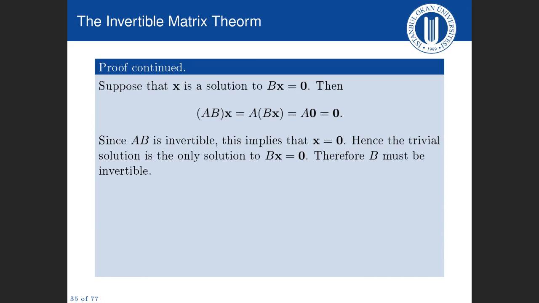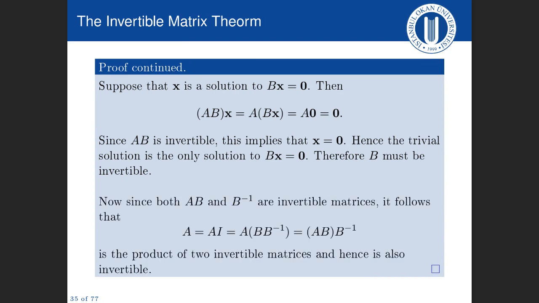Next, we need to prove that A is invertible. So far, we know that AB and B, and therefore B inverse, are invertible matrices. But A is equal to AI, that's A multiplied by B inverse, or AB multiplied by B inverse.